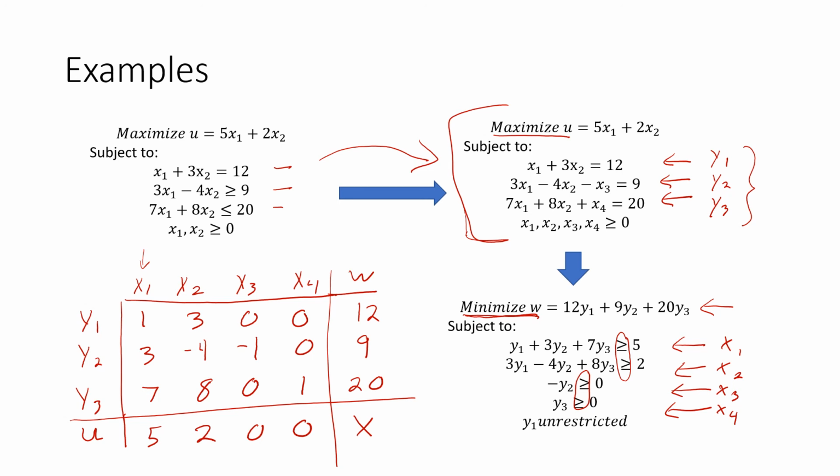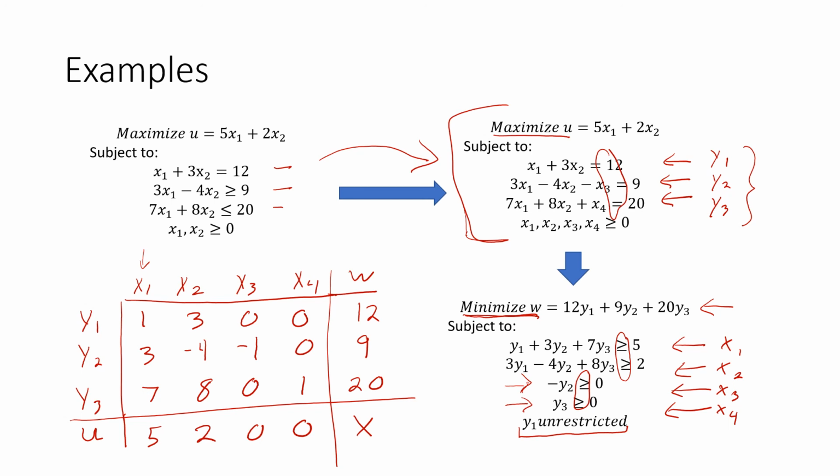Now I talked about how if you have equalities to start with, your final variables are unconstrained. So you have y1 is unrestricted. What about y2 and y3? Well, we said that they're unrestricted, but we also had additional constraints that -y2 was greater than or equal to 0, y3 is greater than or equal to 0.